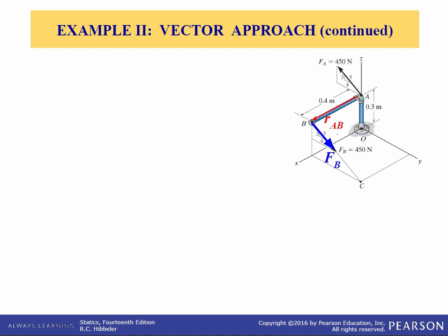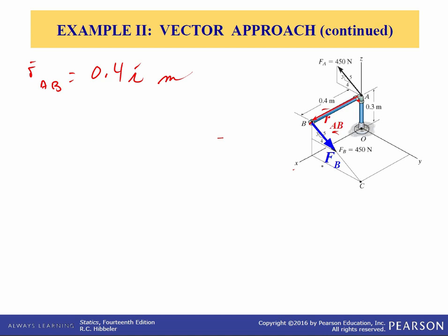So r of A with respect to B, I'm on A, I want to get to B. Well, all that is, it's 0.4 meters in the i direction. So r is 0.4 i meters.